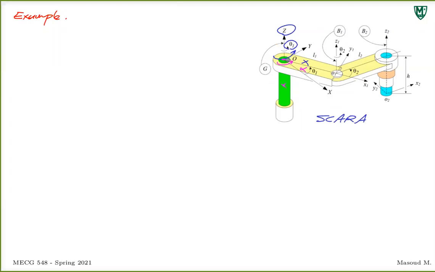Now we go one step further. This link right here can rotate around Z1, and the angle of rotation could be theta2. So we have another revolute joint here. This is going to be the axis of the joint, the axis for the first joint.